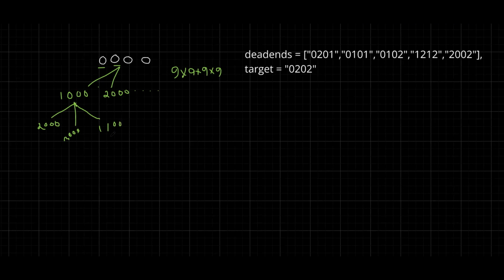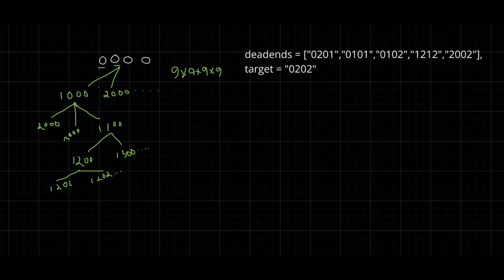Suppose for this 1 1 0 0, we can make it 1 2 0 0, 1 3 0 0, and so on. Now, suppose for this 1 2 0 0, we can make it 1 2 0 1, 1 2 0 2, and so on.